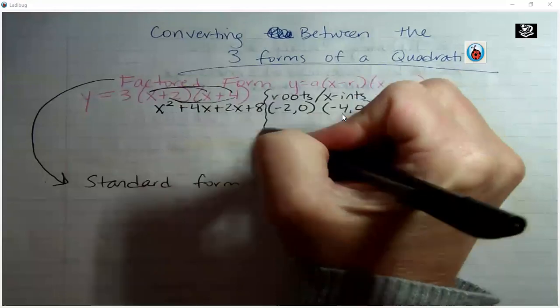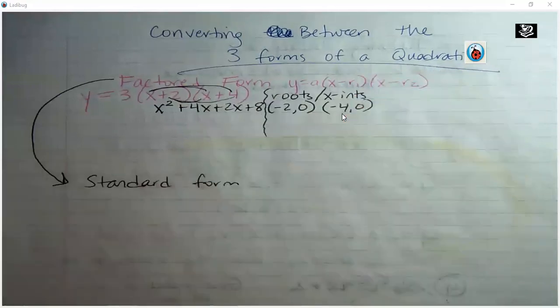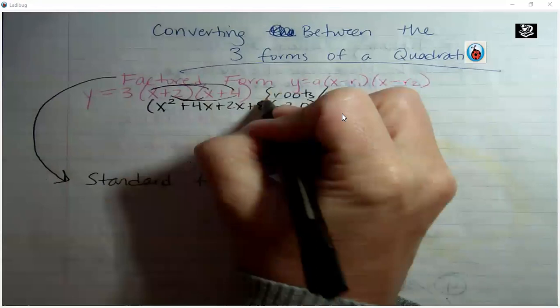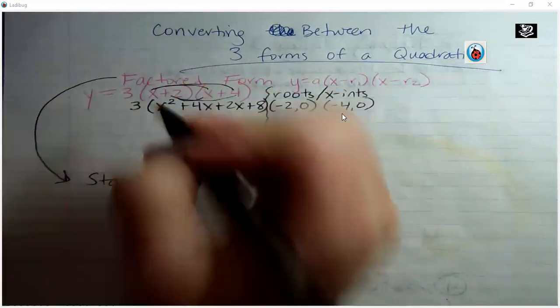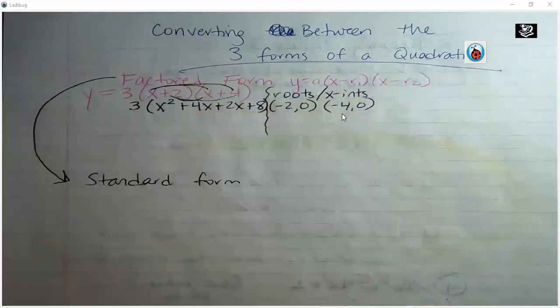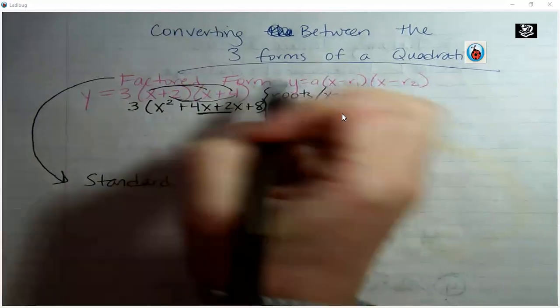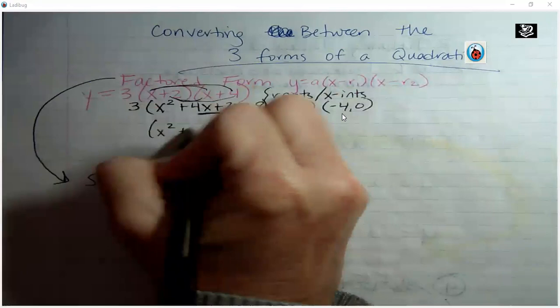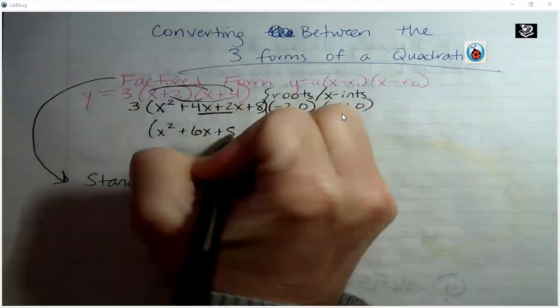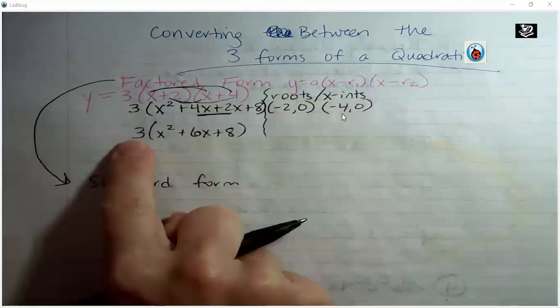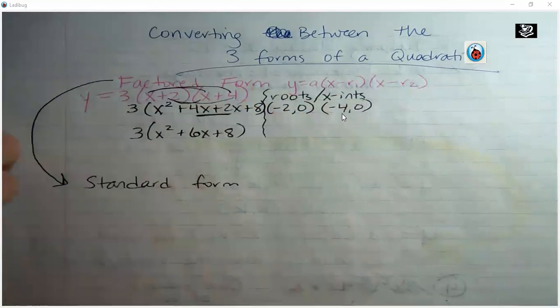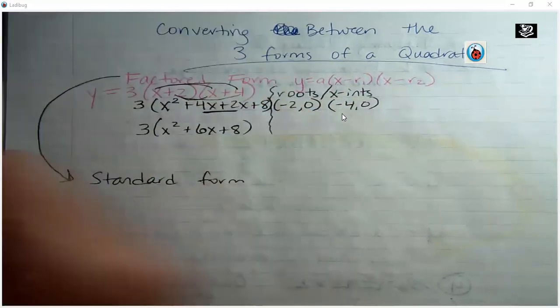All of that is in parentheses for right now, and the 3 is still out front. Remember, I can combine like terms, so that gives me x squared plus 6x plus 8. And now I need to distribute the 3 to everything.